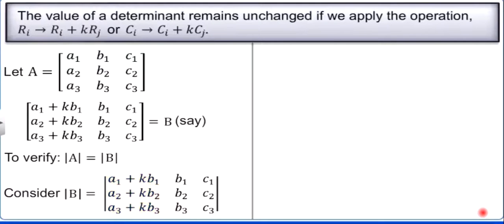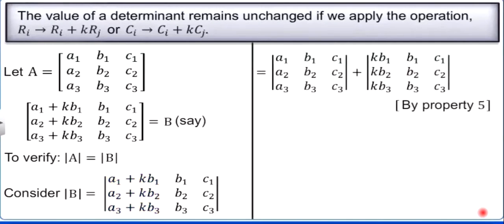By property 5, we know that if the elements of a row or a column of a determinant are expressed as the sum of two or more terms, then it can be expressed as the sum of two or more determinants.